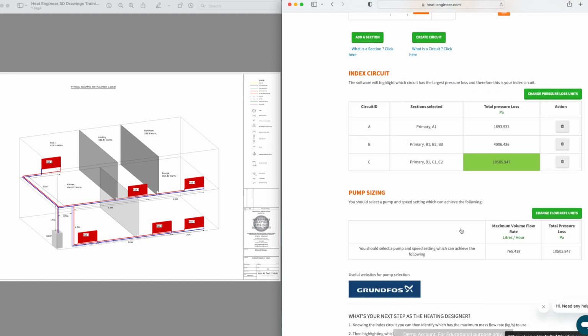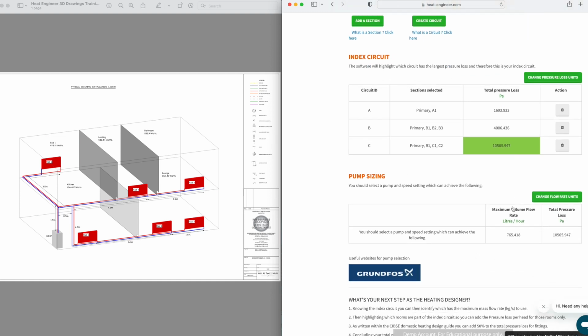Now you can see down here we've now got our scenario for our pump sizing. Now, as we mentioned earlier on, this is not added in at this stage. In version 2, which is going to be launched in the next couple of weeks, we will have another section on here which is saying what your primary heat exchanger is, whether it is your boiler or your heat pump or whatever it is that you've got.